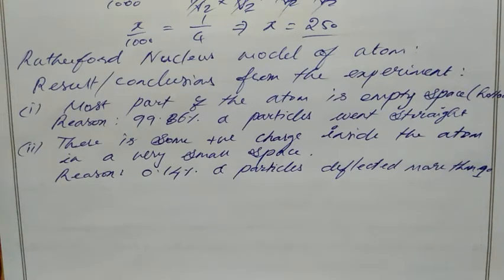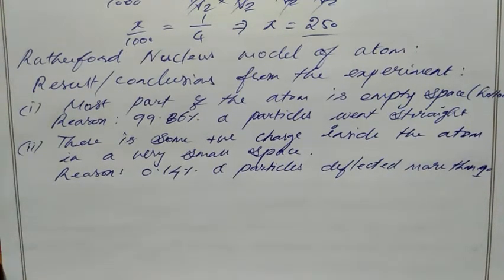Because 0.14% of alpha particles deflected more than 1 degree. So which means alpha particle is a positive charge, so then there must be a positive charge inside the atom. That positive charge repelled the positive alpha particle. So there is some positive charge inside the atom in a very small space. Most of the space will be empty.